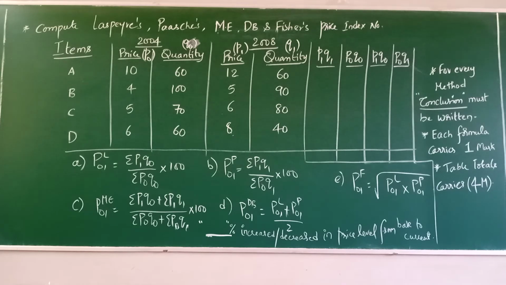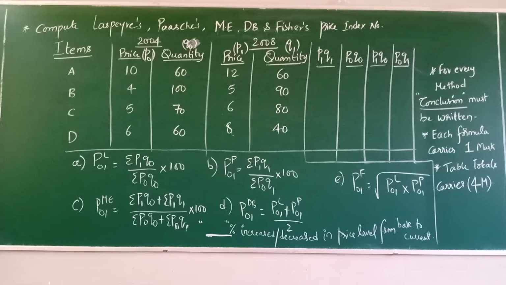In Laspeyres only base year quantities, in Paasche only current year quantities, but in Marshall-Edgeworth, both base and current year quantities are being used in the price index number. So after calculating, you write the conclusion.